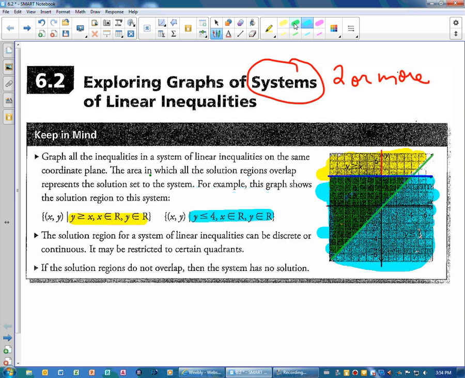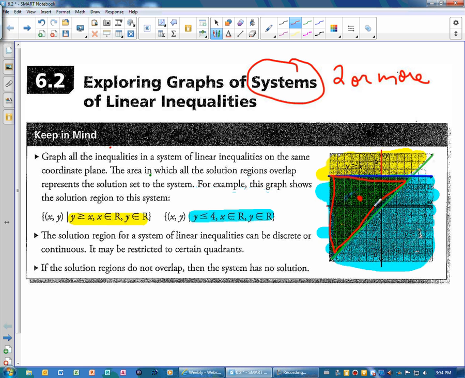Hopefully you can see now that in this section there's overlap, meaning any ordered pair you pick in this section will be true in both inequalities. So what if we picked this ordered pair right here?